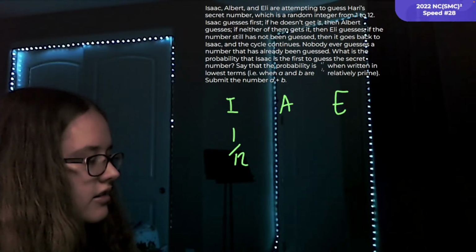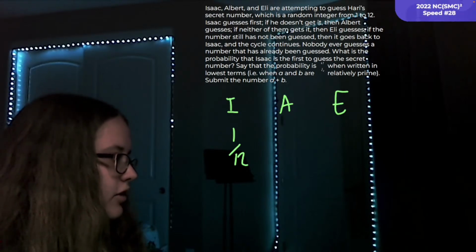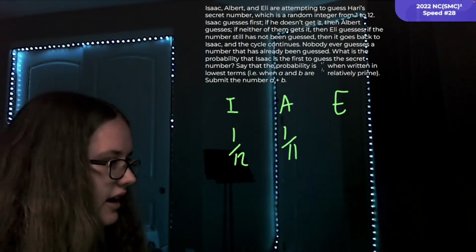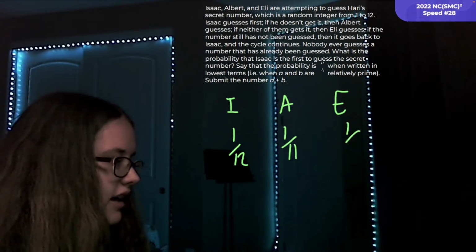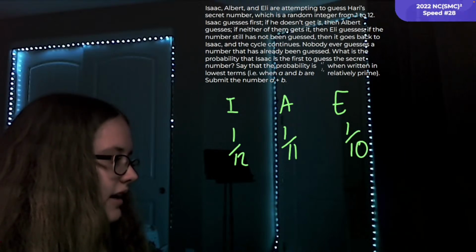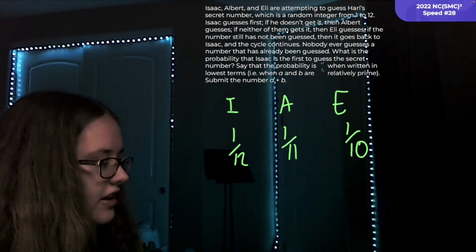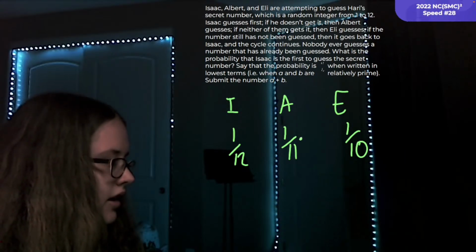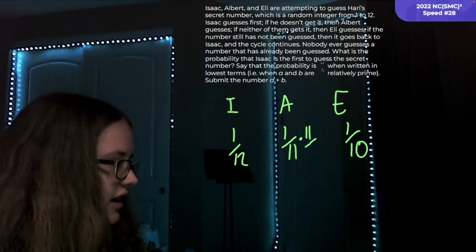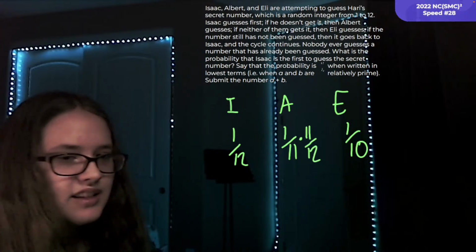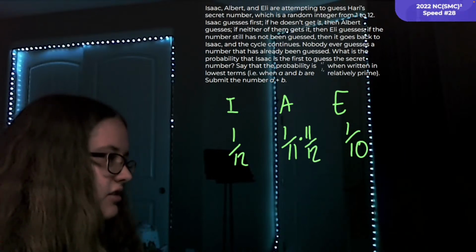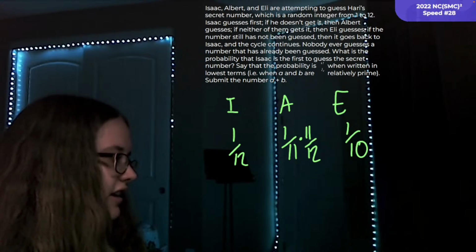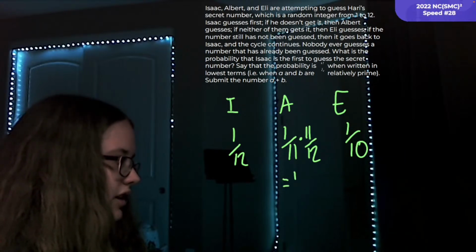And then Albert has a 1 in 11. Eli has a 1 in 10. But this is reliant on the 11 in 12 chance that it was not guessed previously. So that's actually equal to 1 in 12.